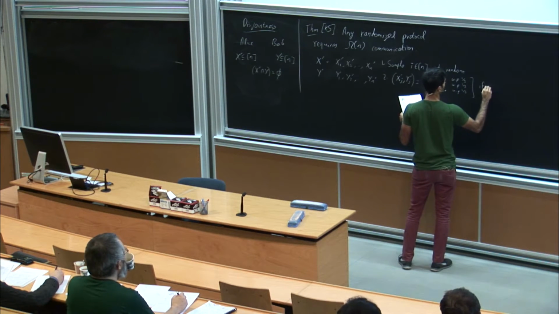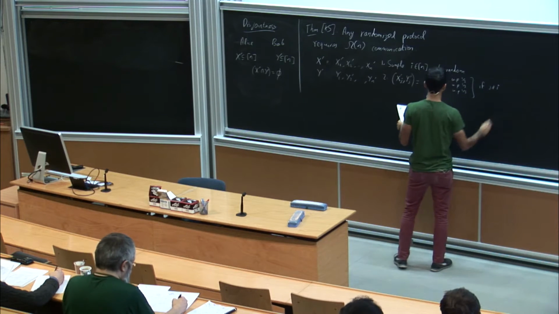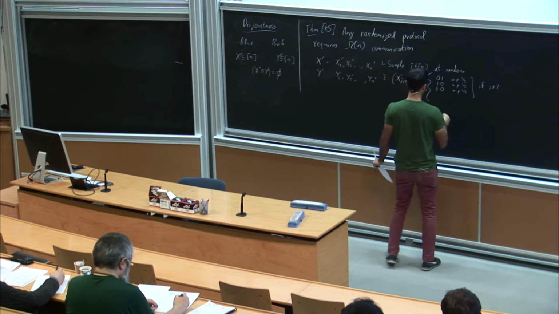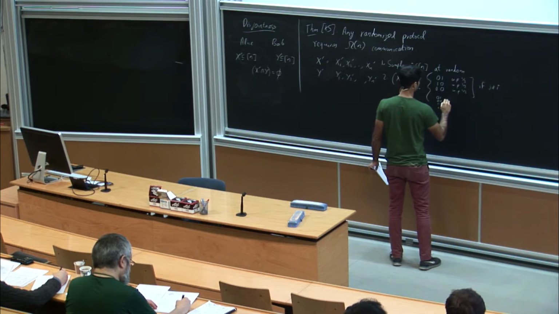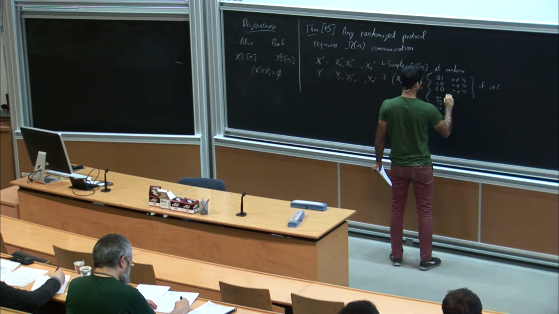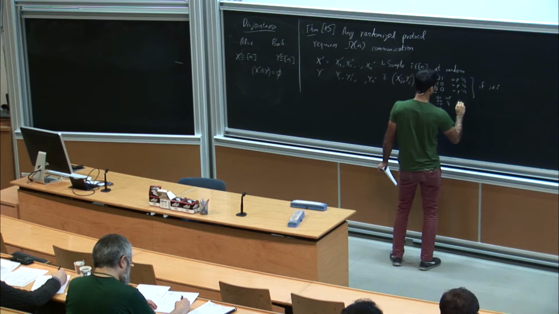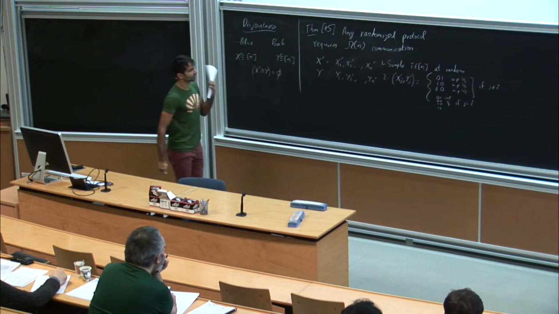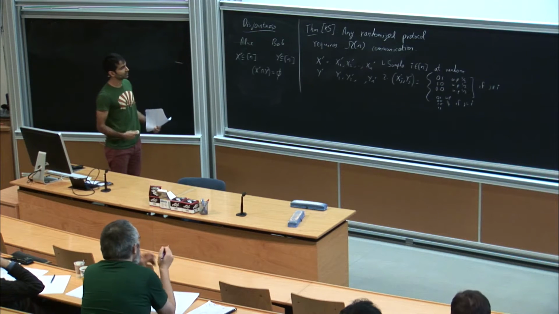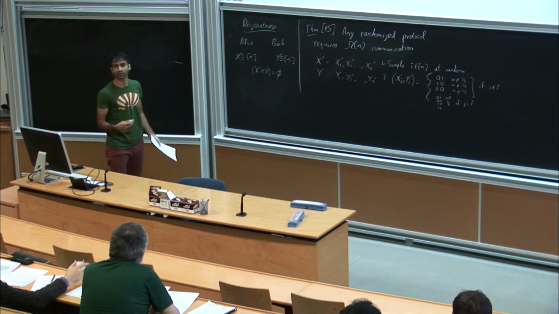This is if j is not equal to I. And if j is equal to I, you just sample them uniformly: 00, 01, 10, 11, each with probability 1/4, if j equals I. All right. So I'm defining a distribution on two sets.